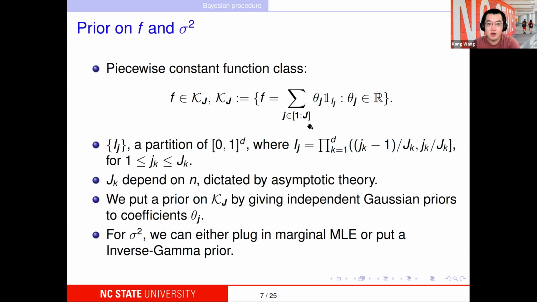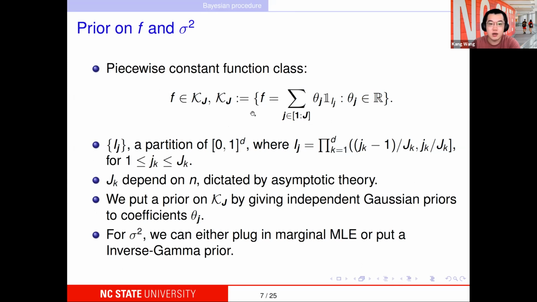Here J is deterministic. It depends on the sample size and also the local smoothness of the true F. The only random quantity here is theta_J.